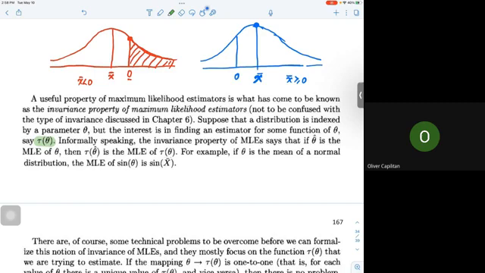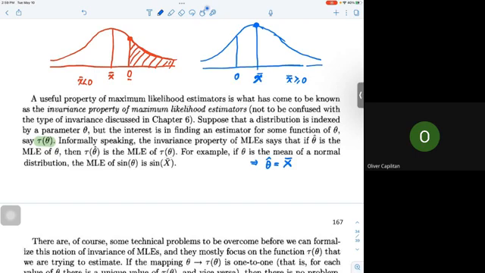Say for example, if theta is the mean of the normal distribution, this would imply that the maximum likelihood estimator of our parameter theta is the sample mean, x bar.